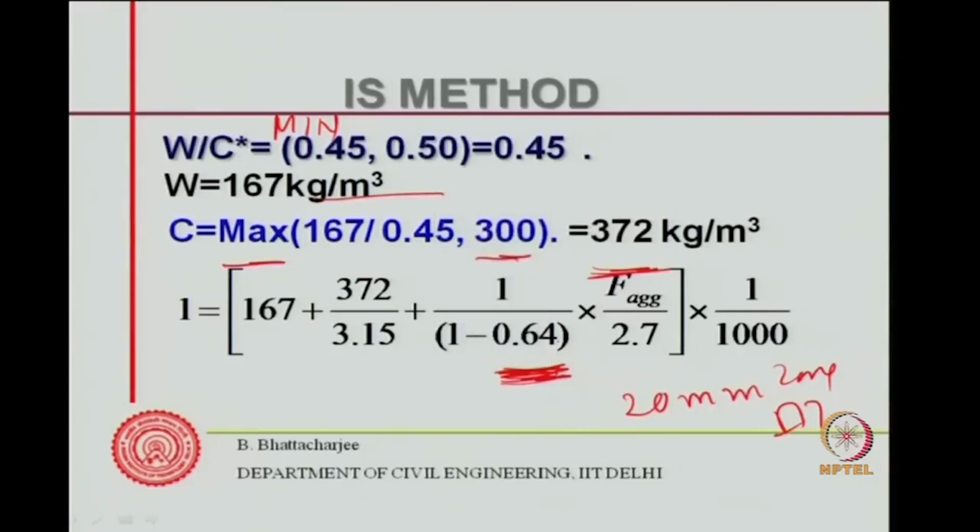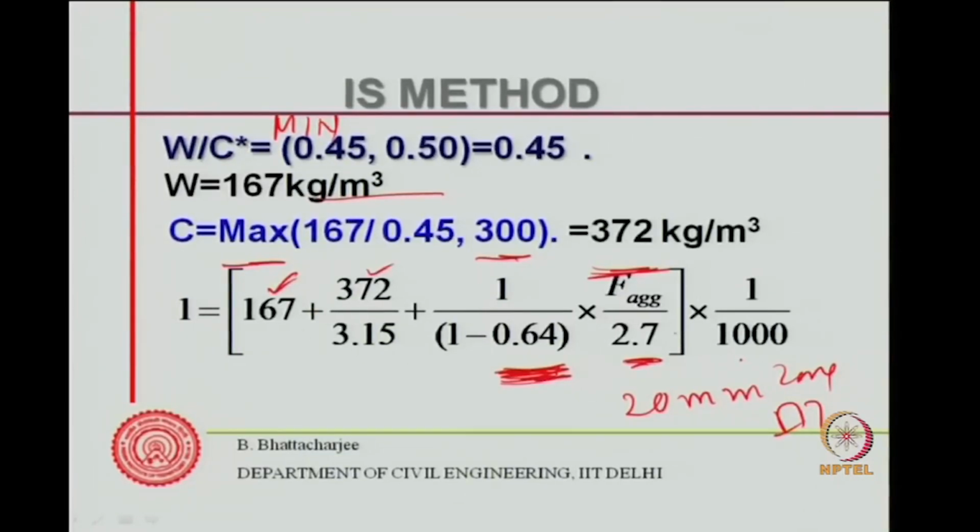So, to find the total aggregate, divide the fine aggregate mass by its specific gravity and divide this by 1 minus 0.64, that must equal the volume of water, this divided by 1000, plus this divided by 3.15 and 1000, which gives me the volume of cement.